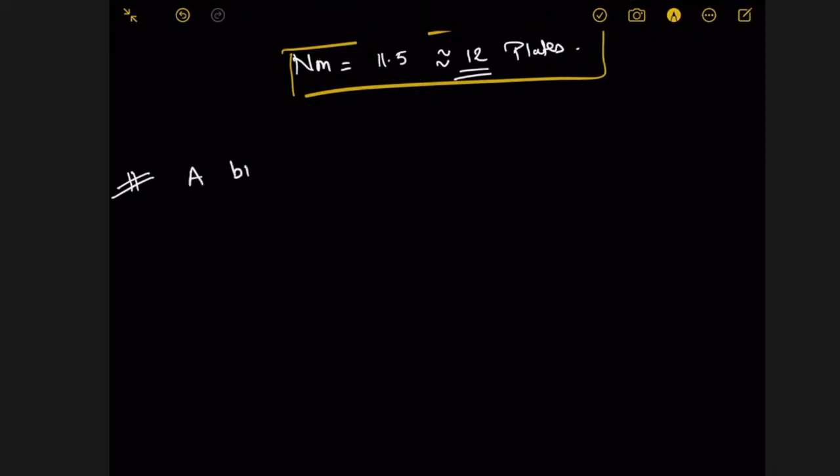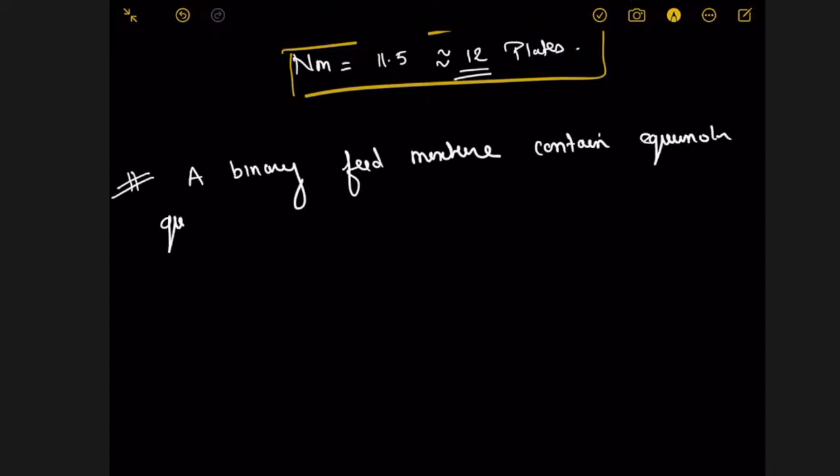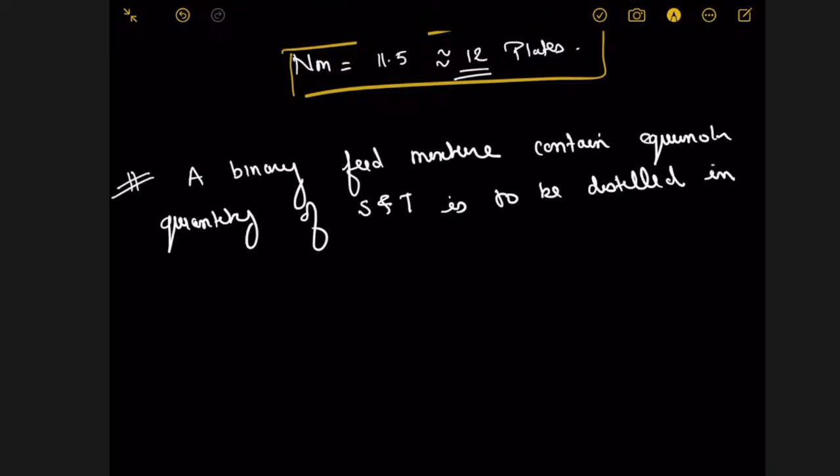Next question. A binary feed mixture containing equimolar quantity of S and T is to be distilled in a fractionating tower at atmospheric pressure.